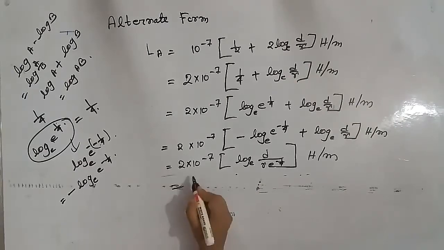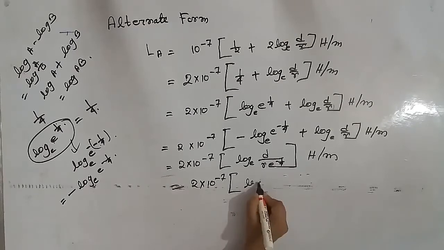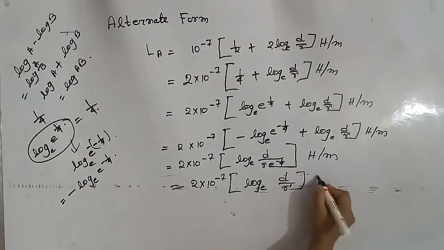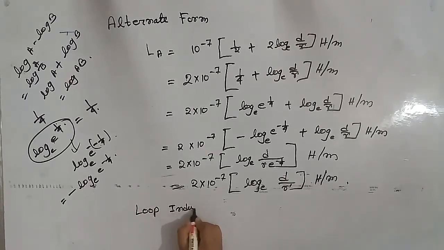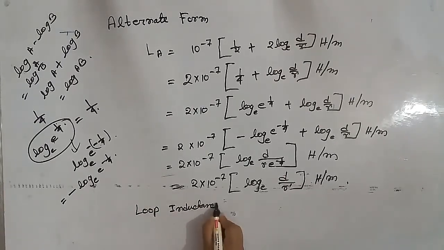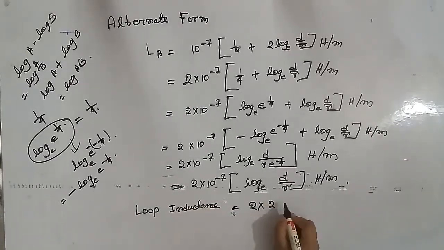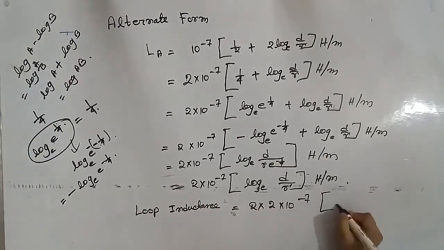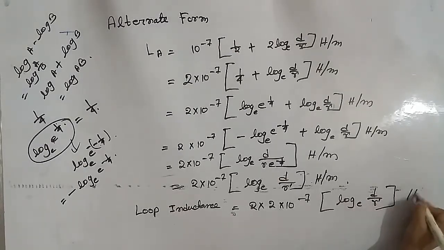It can be written as 2 × 10^-7 log_e D/r dash. And loop inductance is equal to 2 times the individual conductor inductance, that is 2 × 10^-7 log_e D/r dash Henry per meter.